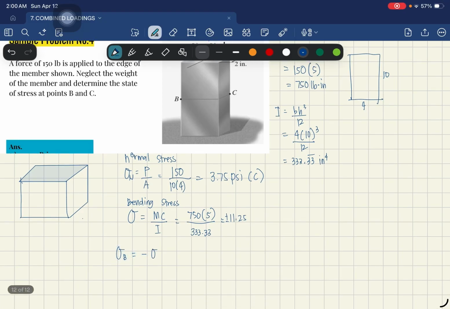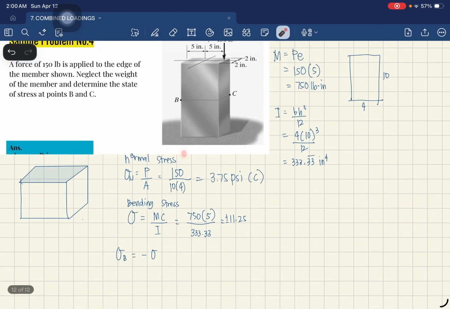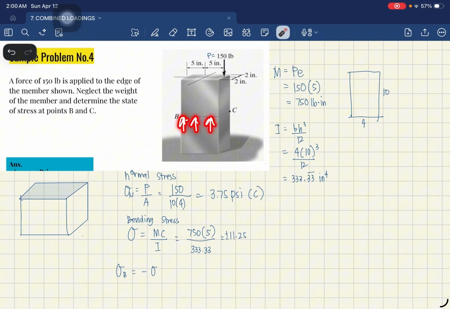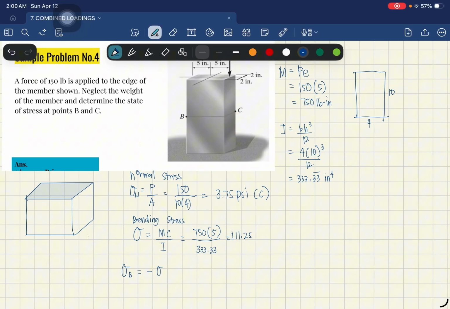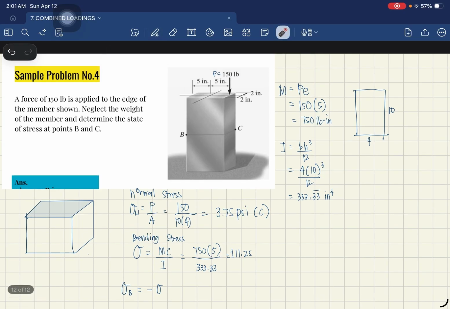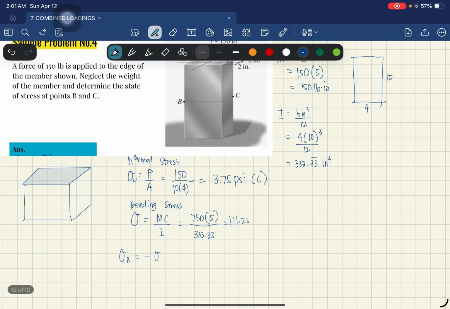So, kukunin lang natin yung sum ng dalawang stresses. So, sa point B, pareho lang yung nararanasan dito na normal stress, in compression pa din yan, kahit saan dyan. Kasi even it is distributed po yung normal stress, gawa nga na kinukuha lang natin yung ratio or yung force over the area dito sa entire section.